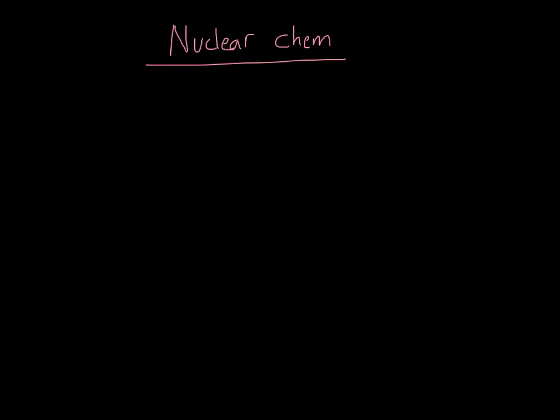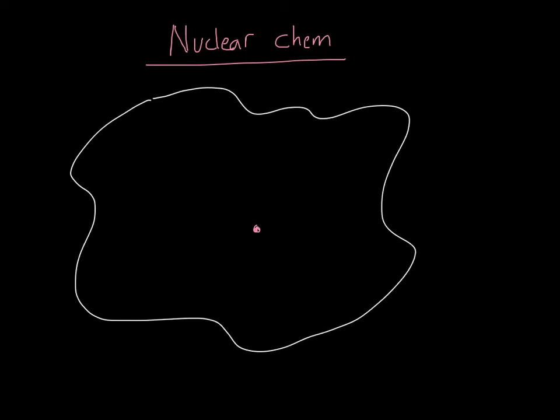So once again, nuclear chemistry zooms in on the single atom, just like we did for the last unit. So we know that inside the center of an atom is that nucleus, and around on the outside is that electron cloud. We've talked a lot about this area out here, the electron cloud, the electrons, the 1s2, 2s2, different orbitals, different sublevels, all of that. But as you might have guessed, nuclear chemistry doesn't deal with the electron cloud.